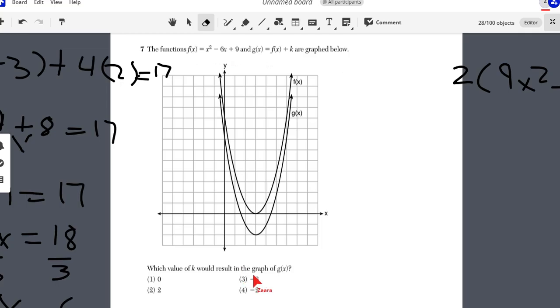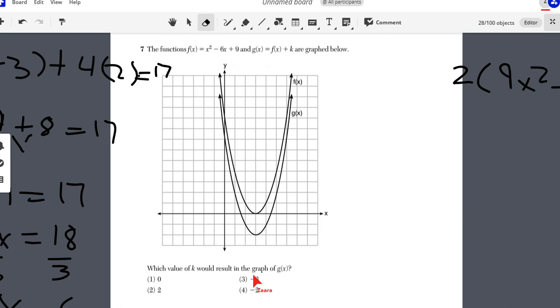So I solved this by looking at the vertex, and the choice that I got was 4. What choice you got? 4.